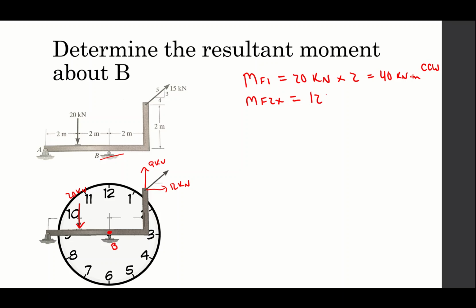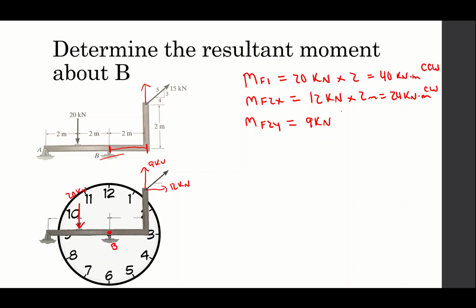F2x, we have 12 kilonewtons. And what's that distance? Still 2. And is it going clockwise or counterclockwise? And then we'll have F2 in the y direction. And we've got 9 kilonewtons. And what is it to get from B? It's got to be in X direction to get to that line of action of 9.